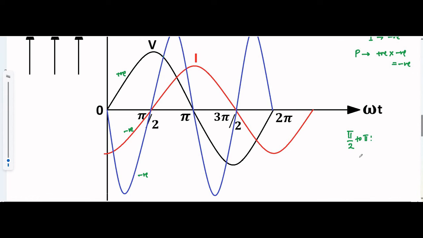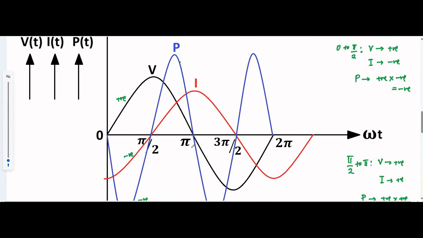From pi by 2 to pi, this much portion, the black portion, voltage is positive, and current, the red portion, is also positive. So power is the product of voltage and current, positive into positive, which is positive. That's why it has a positive peak here. From pi by 2 to pi, the red one is positive, the black one, voltage, is also positive, so the power curve is also positive.